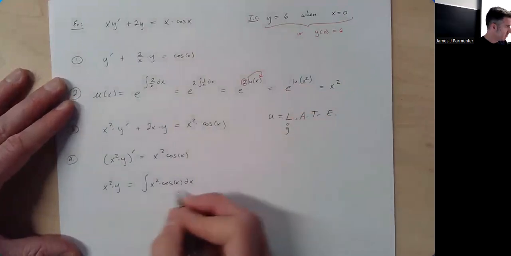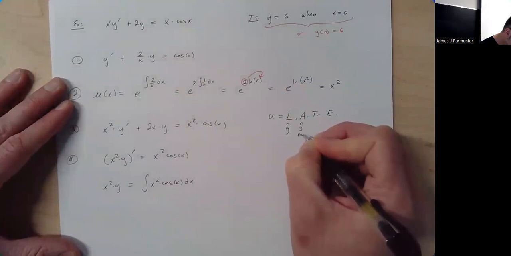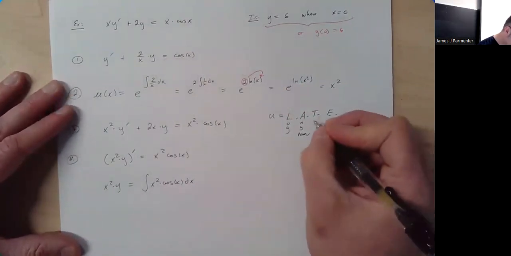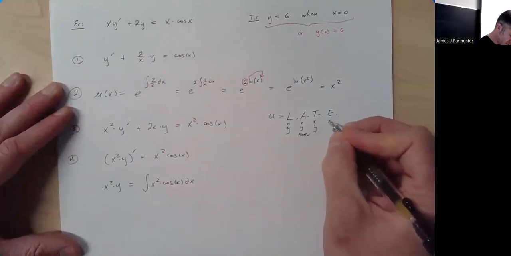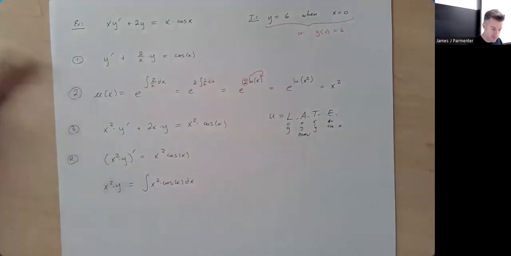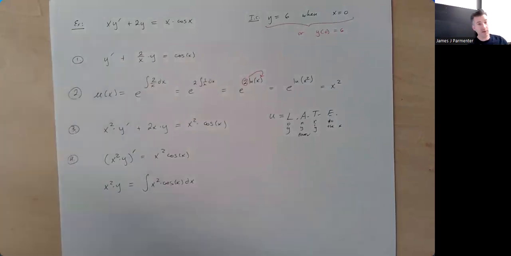Oh, I don't have any logarithms. Then you choose any power of x. Oh, great, I have x squared. So I'm going to choose u equal to x squared. But if you didn't have that, you would choose u equal to a trig function. And you almost never choose u equal to e to the x. It's never your choice for u. So here our u would be x squared, our dv would be cosine x. And then we would do integration by parts, and then we'd have to do integration by parts again.